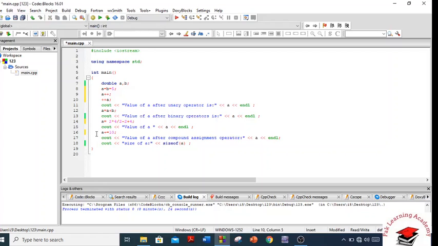Now what are operator precedence and operator associativity? Remember, these two things are very important, so keep them in mind. Now what is operator precedence? Operator precedence means operators of the same priority. It is like the BODMAS rule, but in C++ the BODMAS rule is not followed.